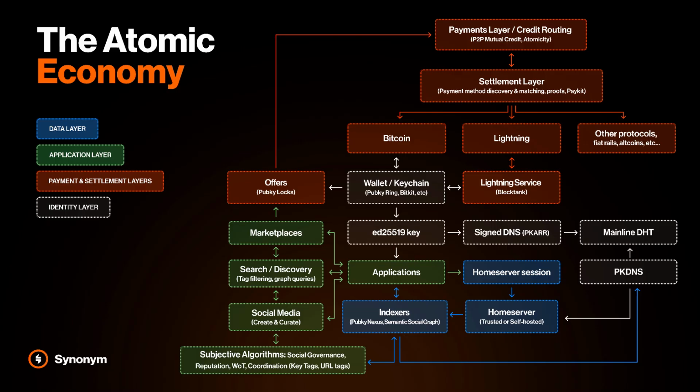Home servers are just servers where you can have your data, but you point to them as a source of truth using your PKDNS record. So unlike, say, Nostr, where you have a pool of relays where you're spraying and praying, you can actually tell people that look up your key specifically where to look, or even where to look for specific things.